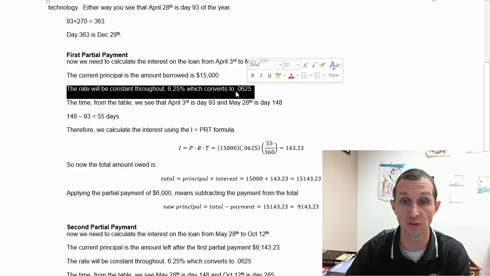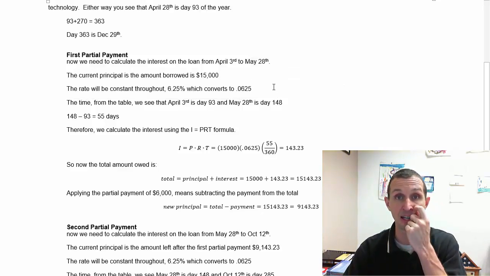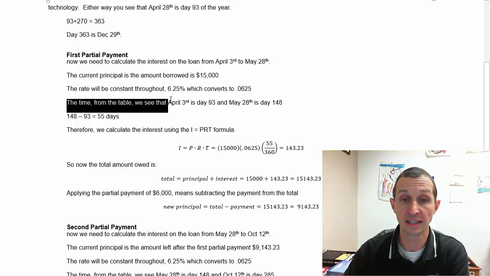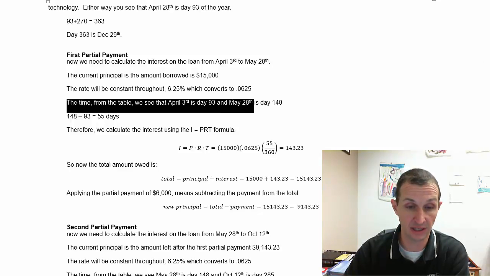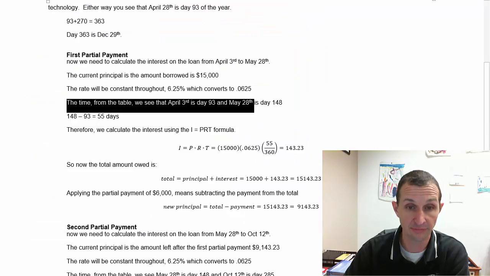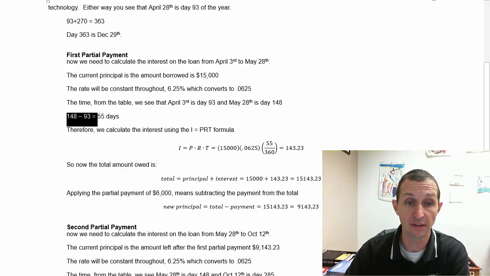We move the decimal over two places or divide by 100. For the time, from the table, April 3rd is day 93, and May 28th is day 148. So 148 minus 93 is 55 days.